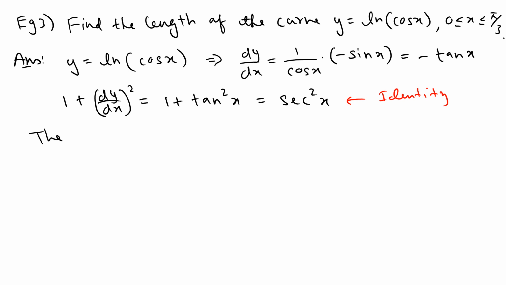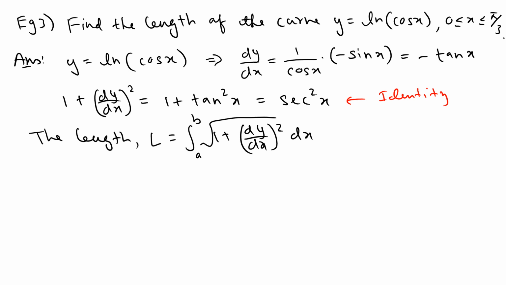So the length L is the integral from a to b of the square root of 1 plus dy by dx squared, dx. If you plug in, you're going to get 0 to pi over 3, square root of 1 plus dy dx squared.